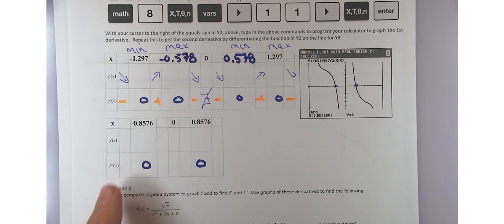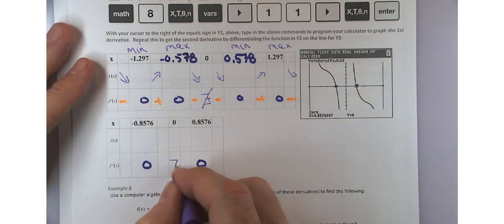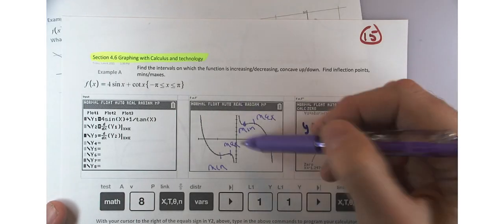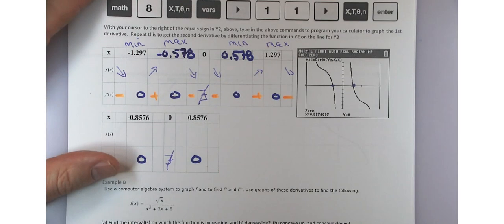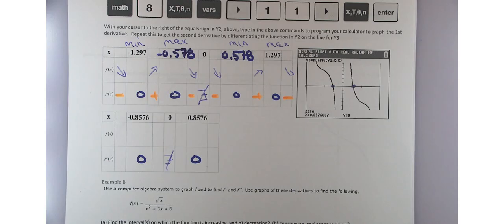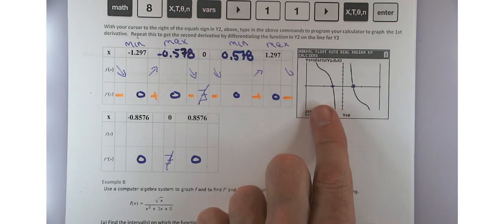Determine positive and negative. Now, you don't have to worry about the function down here at 0. It's not defined there. The graph has a vertical asymptote at that point, so it's not in the domain. It can't be a critical point, can't be an inflection point. But try and determine the sign of the function in between these things based on the graph.